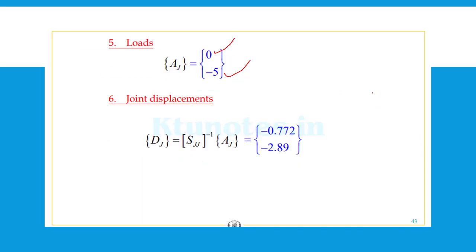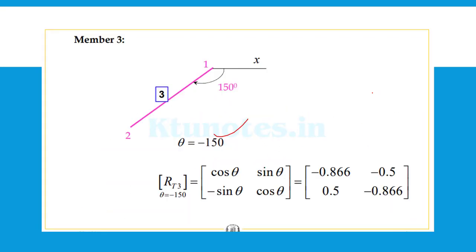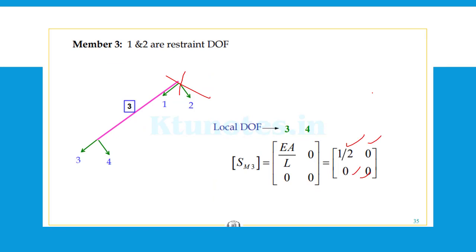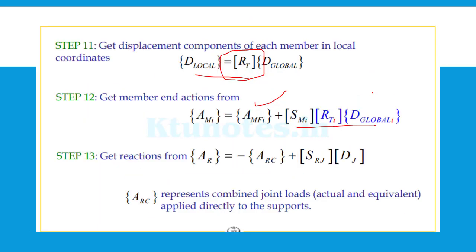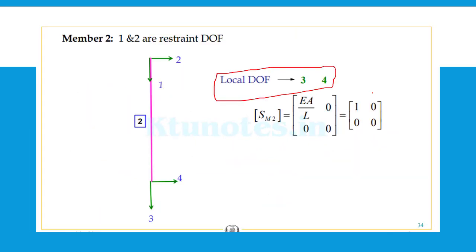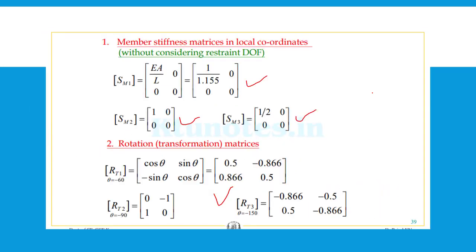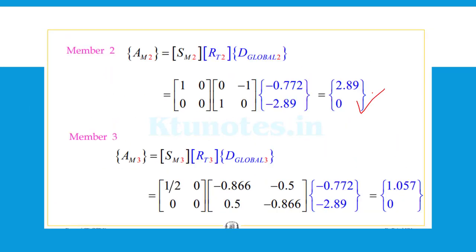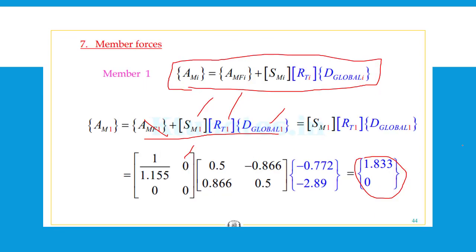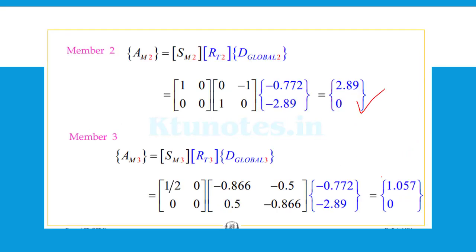So these will be the corresponding tension forces in the various members. That is, we have 1.833 for the first one, then 2.89, then 1.057.